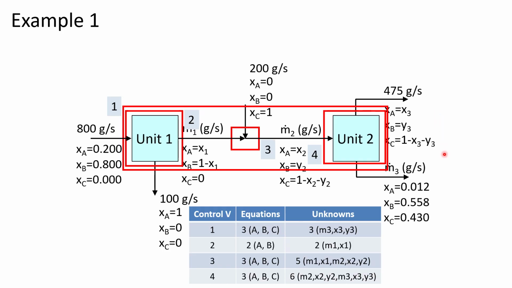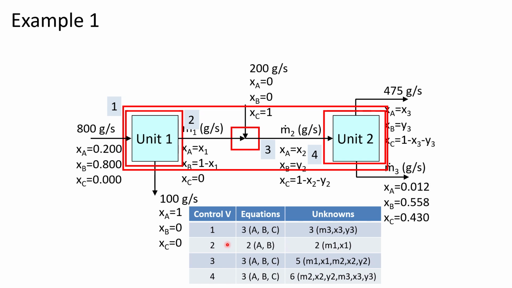Continuing around, there is 1 unknown associated with this stream, its flow rate, M3, which is also in the table. The bottom product from Unit 1 has no unknowns. So the number of unknowns is 3, which is equal to the number of equations we can write. So we can solve for the unknowns associated with that overall control volume.